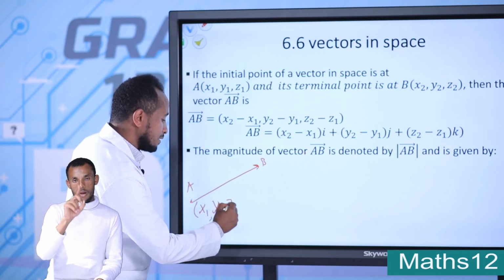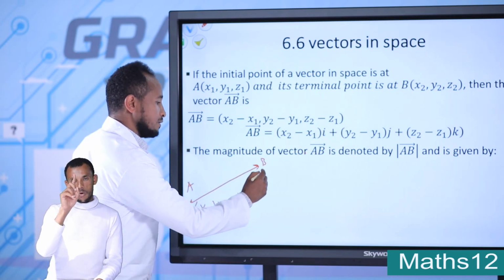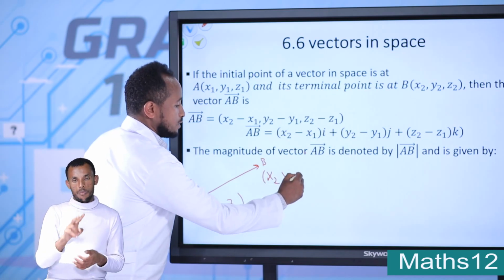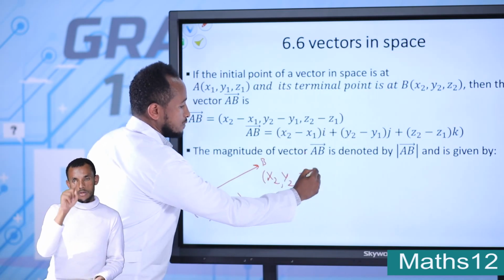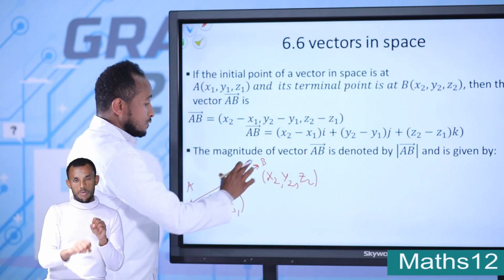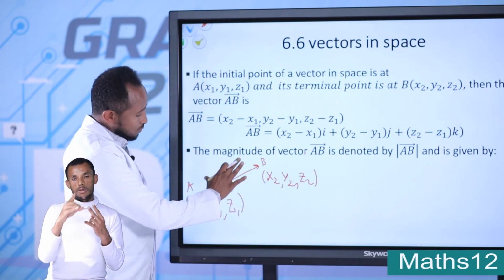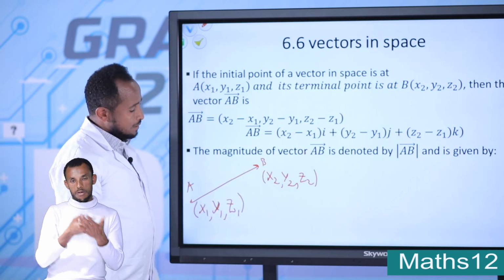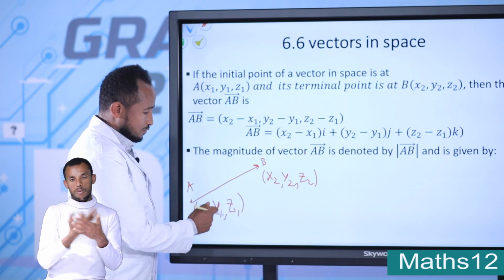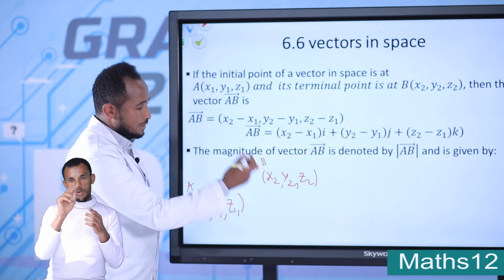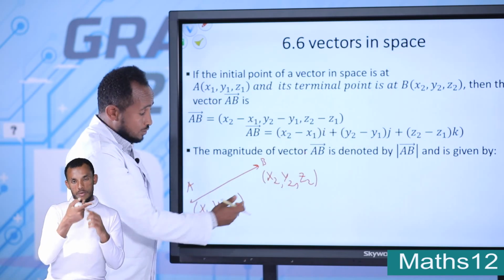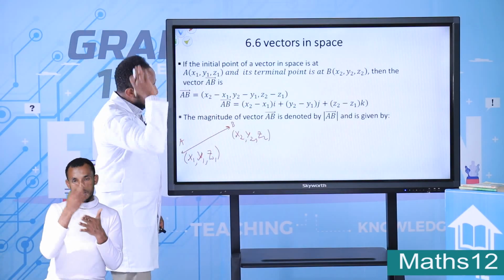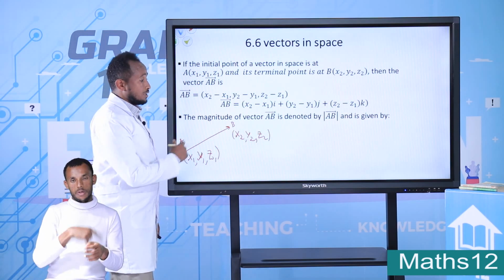The distance formula says take the difference of the x's and square it, take the difference of the y's and square it, take the difference of z2 and z1 and square it, and take that result under a square root.